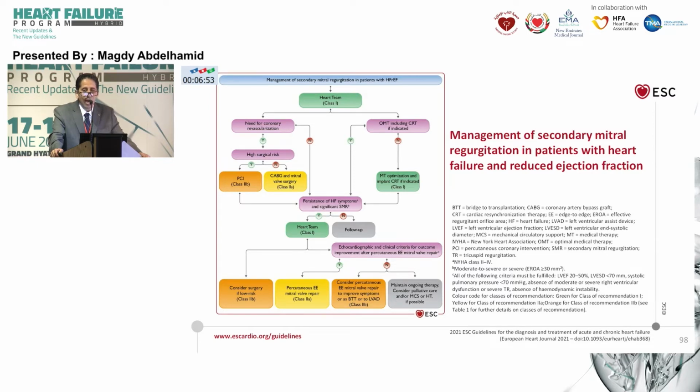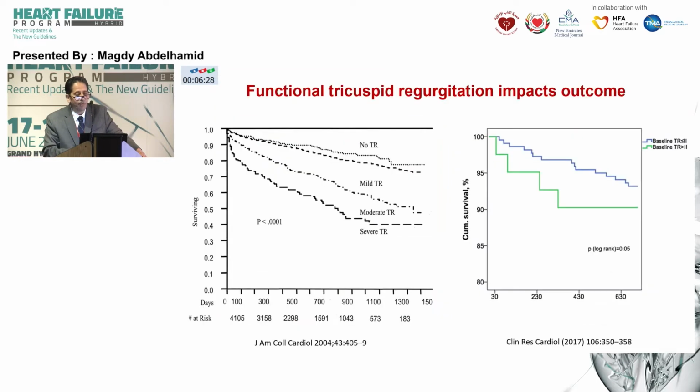In patients who are not candidates for CRT, which can correct the secondary mitral regurgitation, and still symptomatic despite optimal medical treatment, the heart team approach is highly recommended, and percutaneous edge-to-edge repair is considered a class 2A recommendation. Consider surgery in low risk, which is class 2B recommendation, and class 2B in patients who are not fulfilling the criteria as mentioned before.